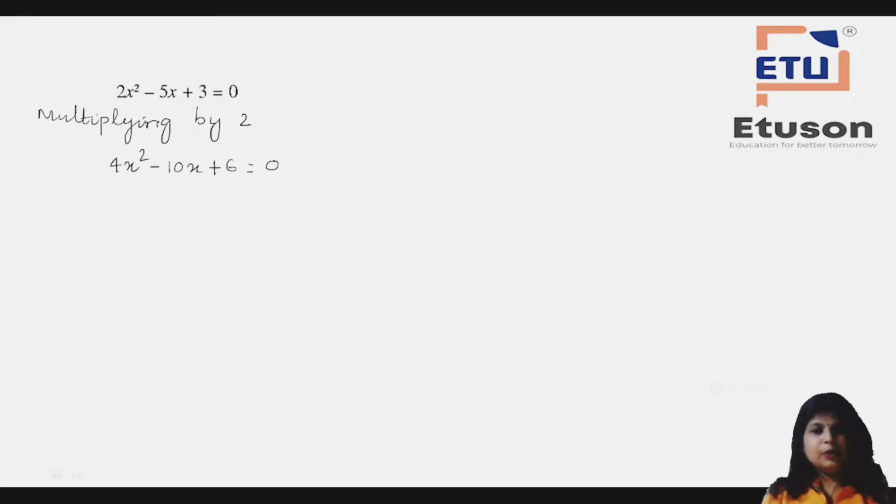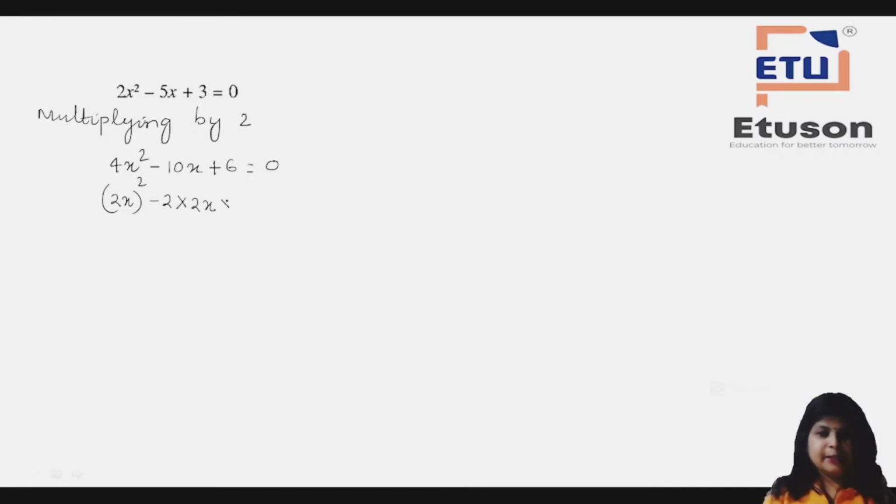So remember, if you are multiplying by 2, you have to multiply throughout. So now we have to write it in the form of a minus b whole square, right? So you will get 2x whole square. So already you have a 2 here. So minus 2 into, you have a, that is 2x. So remember what you need is 10x.